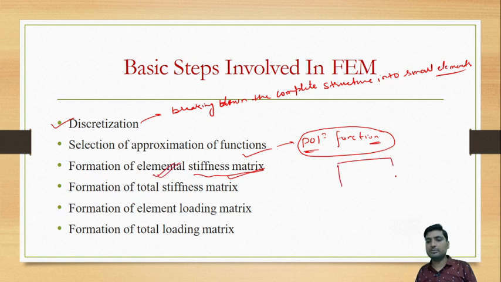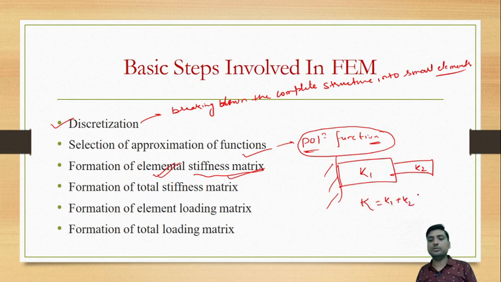Suppose we have two elements here, element number 1, element number 2. So we will have two stiffness matrices, K1 and K2. K1 is for the first element, K2 is for the second element. Now the next step will be the total matrix, means we need to find the K matrix, that is K1 plus K2. How we do this K1 plus K2, we will see when we go for the analysis of any problem.